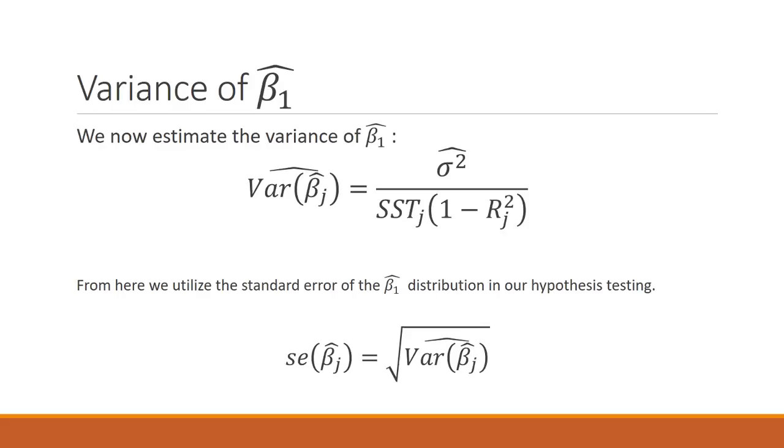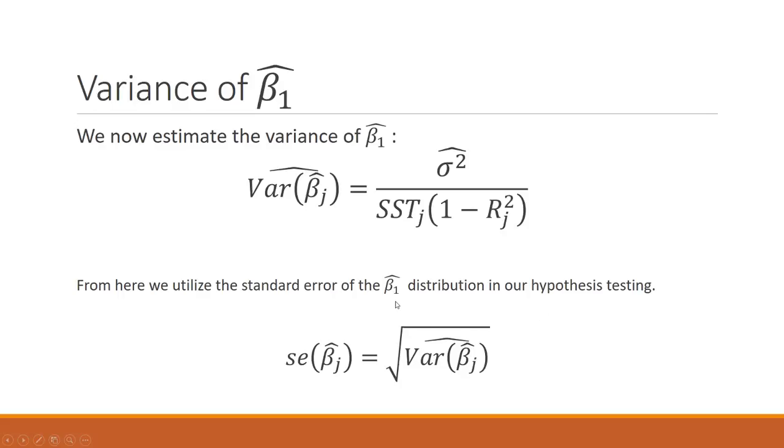This is very similar to the sampling distribution of the sample mean. Our t-statistic was the sample mean divided by the standard error of the sampling distribution of the sample mean. You might remember this as well from our introduction to regression analysis and hypothesis testing.